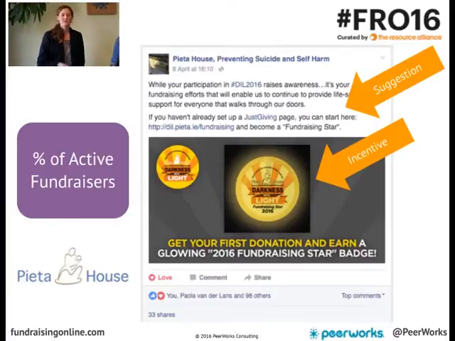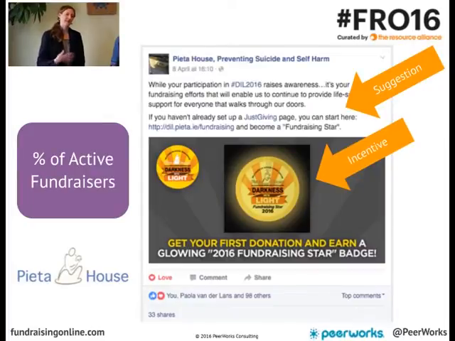And this year is the first year that they've really added fundraising as part of the participation, that they're really actually encouraging fundraising. So this is brand new to this participant base, 100,000 people that are used to just paying a registration fee to participate in the event, and now Pieta House is asking them to fundraise.